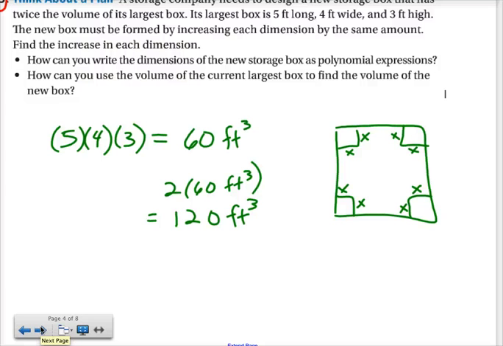So in number 43, we'll take some x value, and we're going to have to add the 5 that's already there. And then we're going to take some x value and add the 4 that's already there, and some x value and add the 3 that was already there. So similar to 39, but not exactly the same.